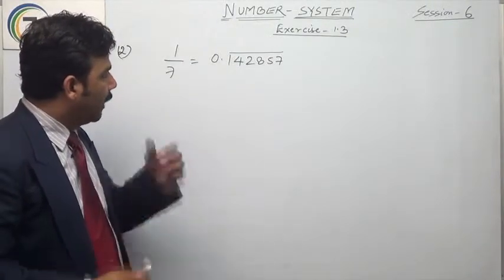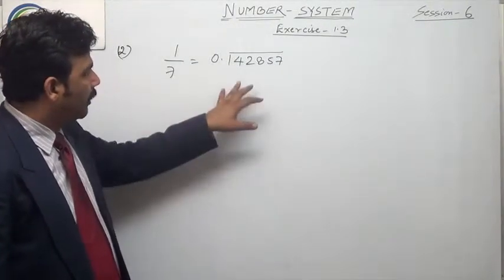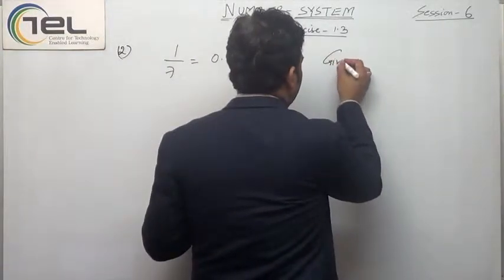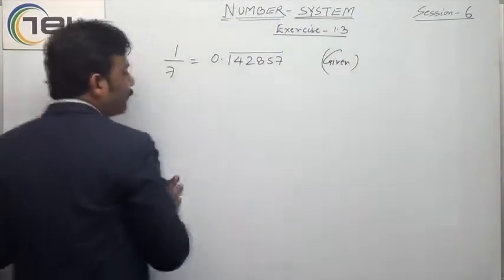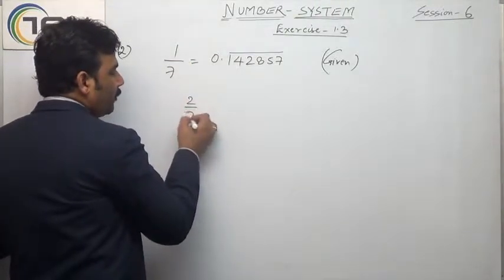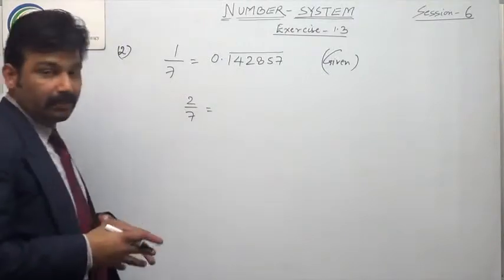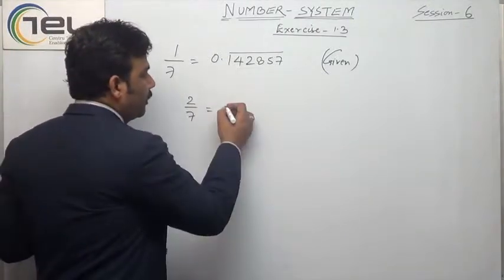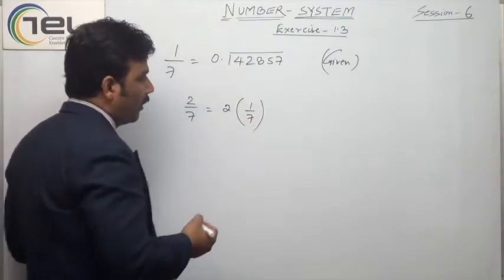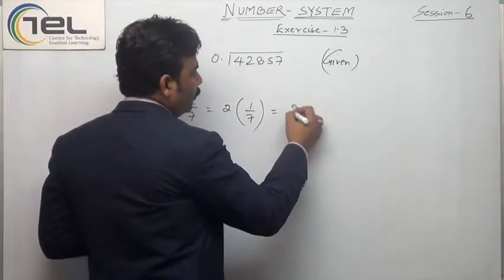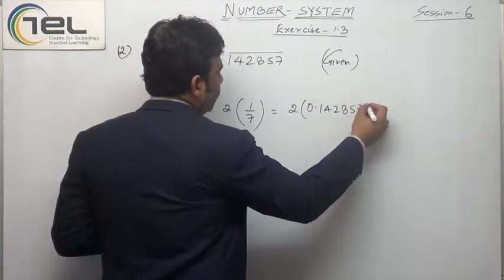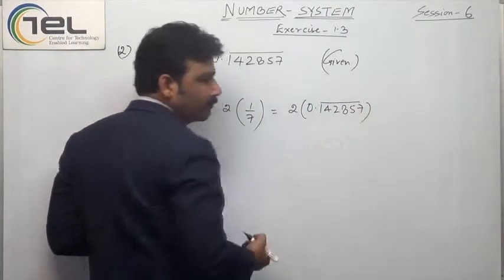So what they ask you is, this is given to you. Now what are they asking? They are asking the value of 2 by 7, and you don't have to do any division. 2 by 7 is nothing but 2 times 1 by 7, and 1 by 7 is given as 0.142857 bar.